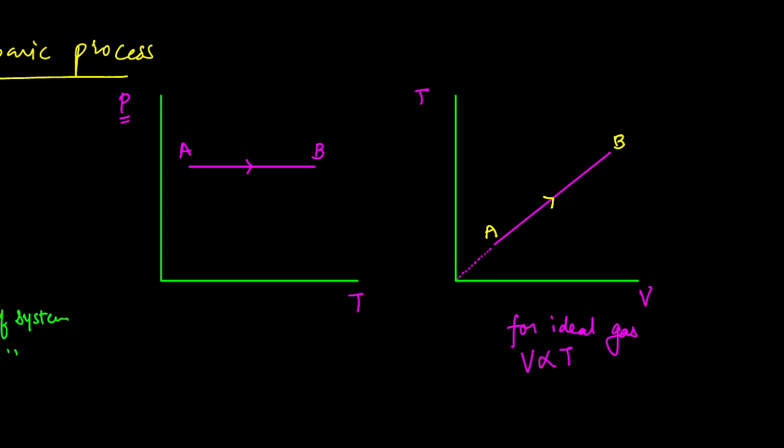Because it is not that volume or temperature can be zero. Ideal gas volume and temperature do not always start from 0. Suppose you take ideal gas at room temperature. So temperature minimum when it started will be how much, room temperature? Suppose 300 Kelvin. Then why should the line start from origin? It starts from here. Did you understand?